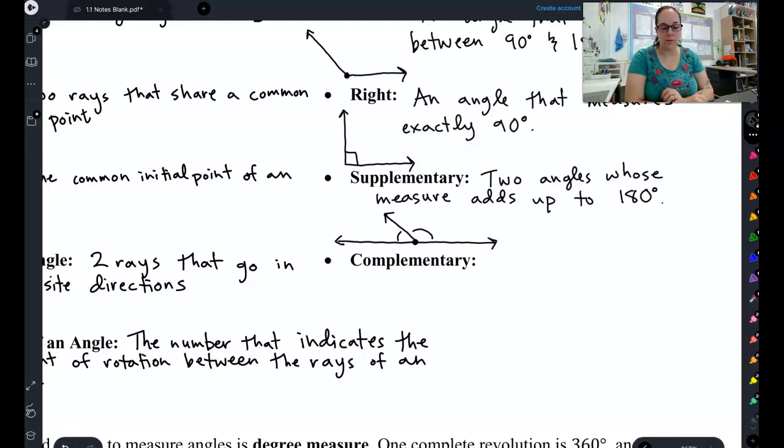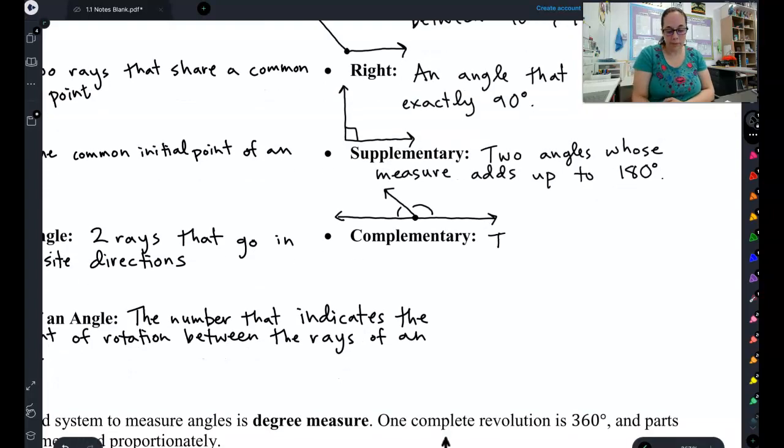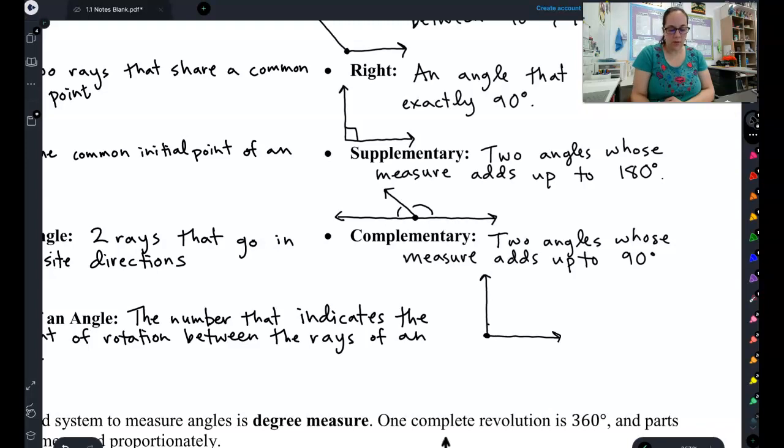And I add them together, it makes a straight angle, 180 degrees. Complementary is two angles whose measure adds up to 90 degrees. So two angles that when I add them together, they make a right angle. That's complementary.